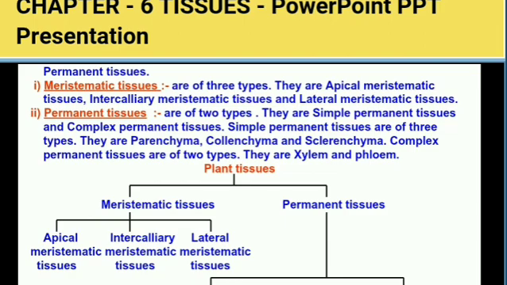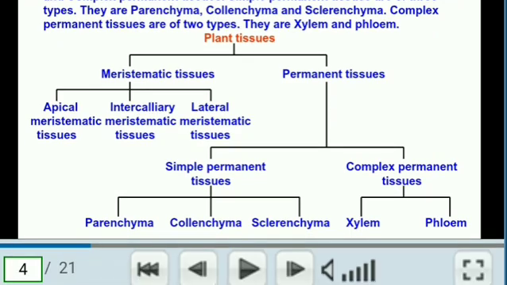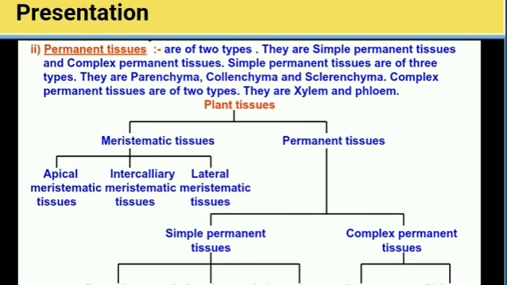If we see simple permanent tissue, where do we observe them? Beneath our epidermis we see simple permanent tissue, and they are mostly present in the form of parenchyma.